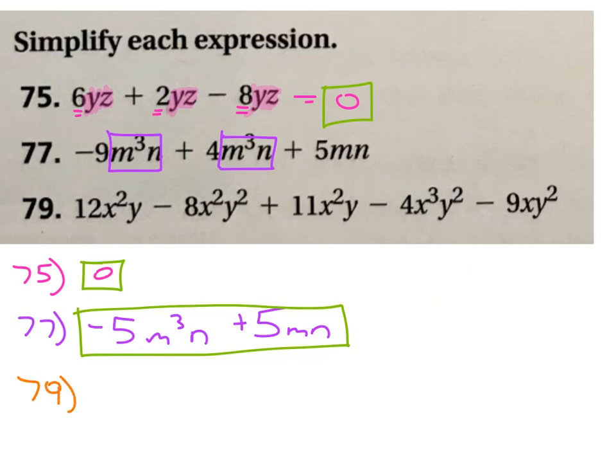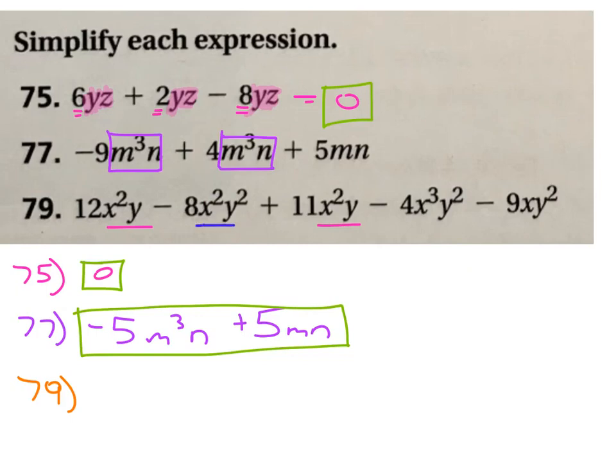we need to identify what are the like terms, and I'm going to underline them in different colors. Okay, so here we have x squared y. Remember, that's different than x squared y squared because the exponents are different. So do we have any more x squared y's? Yeah, we do actually, x squared y down here. Great. What else we got? Well, we've got an x squared y squared.